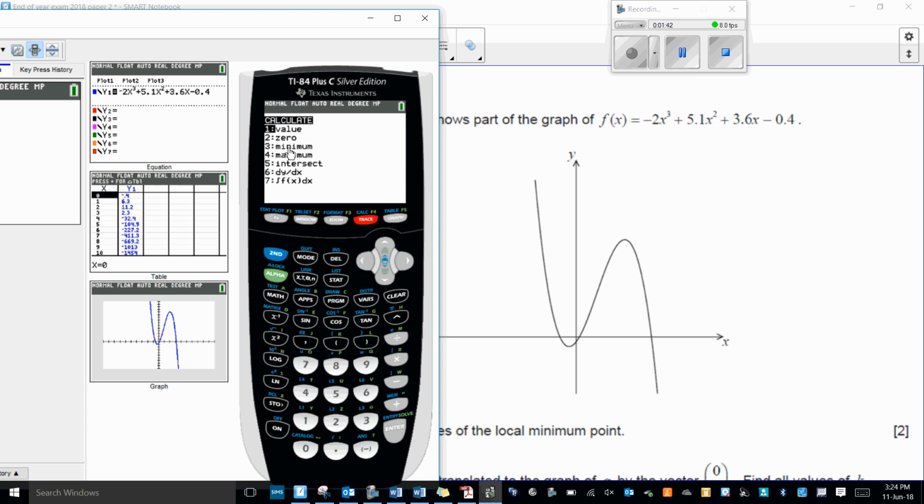So that's 3. Now the left bound of the minimum point. So we need to be on the left of the minimum point. It says right bound, so we need to go to the right of the minimum point.